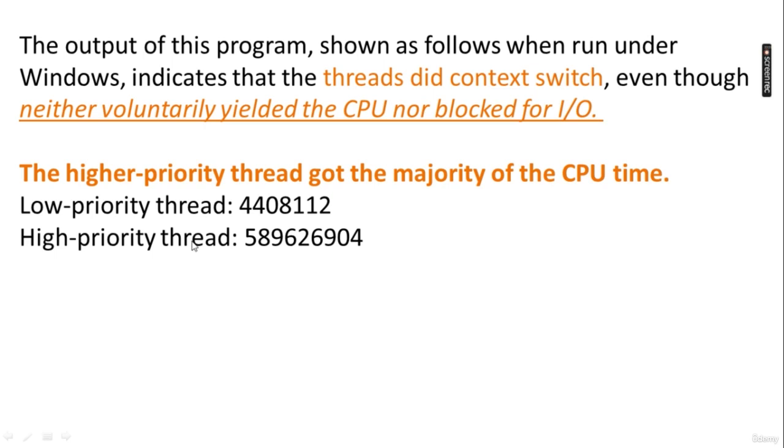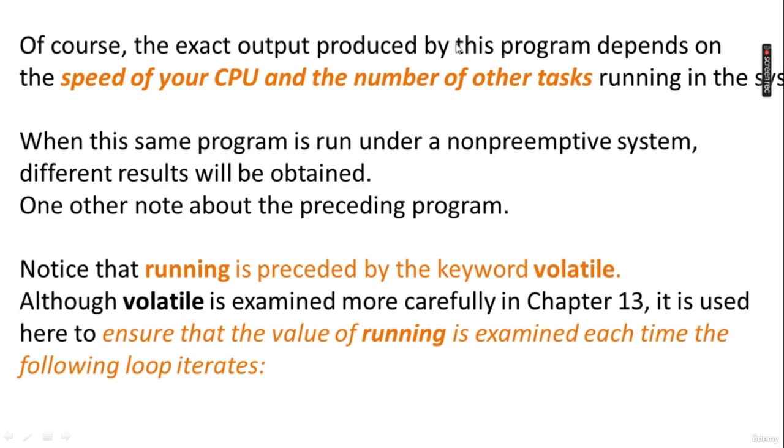So the high priority thread got the majority of the CPU time, and the click value is much greater than that of the low priority thread. The exact output produced by this program depends upon the speed of your CPU and the number of other tasks running in the system.